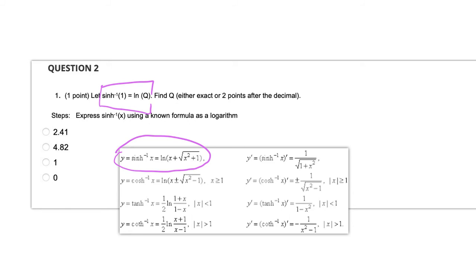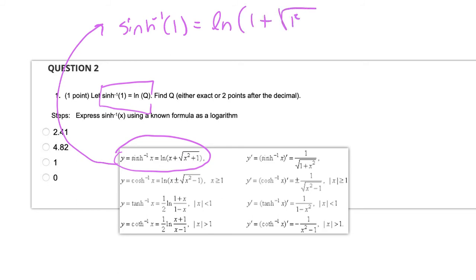So I'm going to transfer this all the way here. We have inverse sinh of 1 equals natural log of 1 plus the square root of 1 squared plus 1. And let's also acknowledge the fact that they said that this equals natural log of q, and our ultimate goal is to find q.